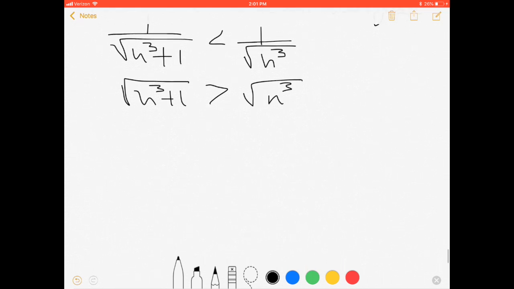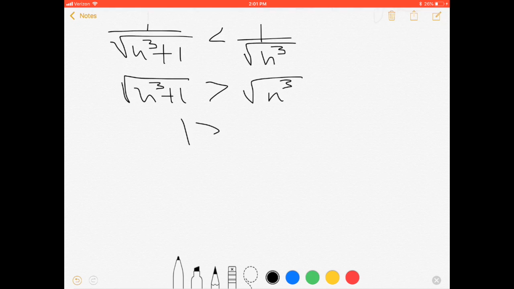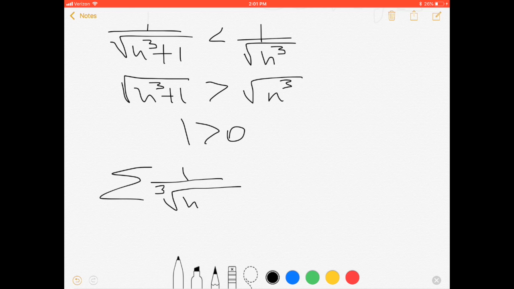You can square it and simplify, and you have 1 greater than 0. True, true. This means our series 1 over the square root of n cubed plus 1 converges.